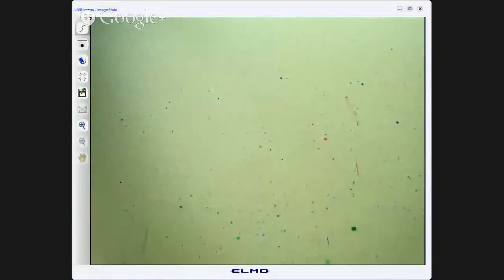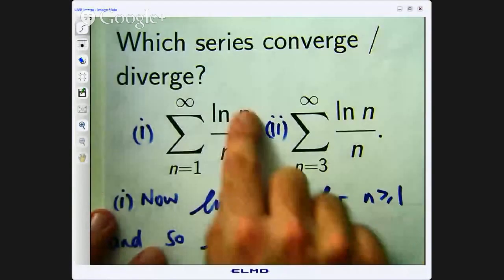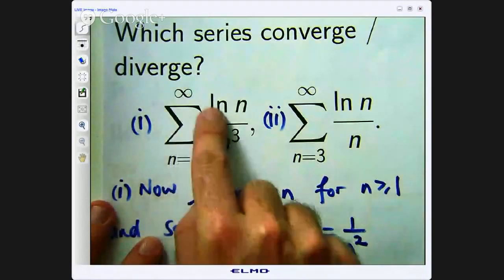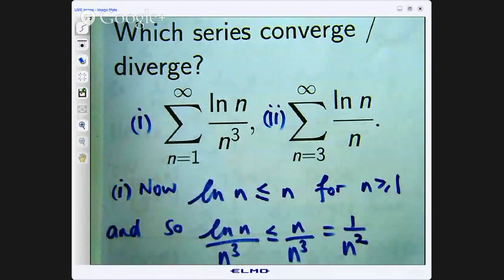Okay, so now in a nutshell, why do these things work? Let's go back to the first series. Here we have a series of, say, positive or non-negative terms all added together.